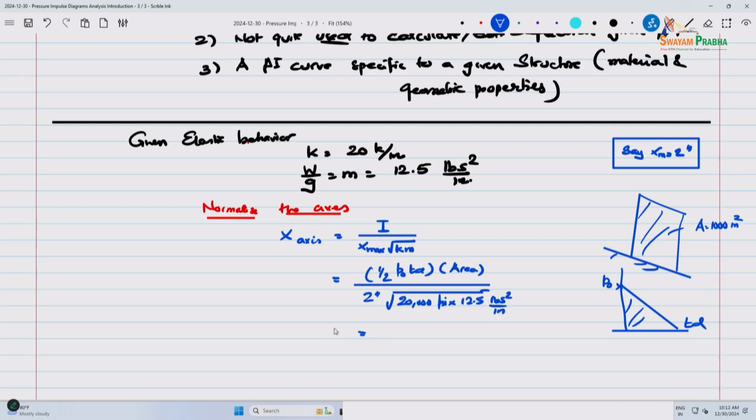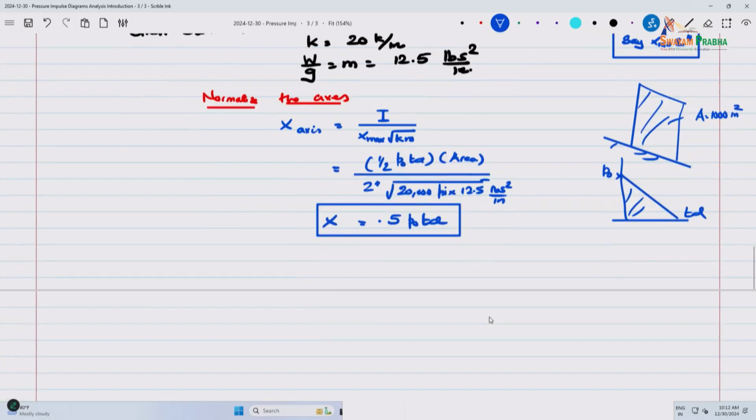So this comes to x is 0.5 P naught TD. The y-axis is typically normalized to the static deflection, P naught divided by x max. So this is 2 times.